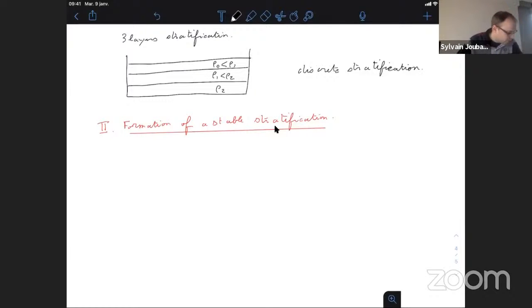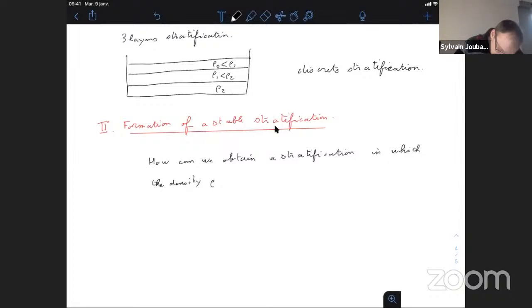And my goal is to explain how we can obtain a stratification in which density ρ increases slowly with depth.